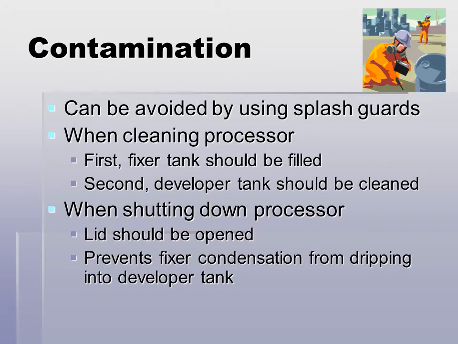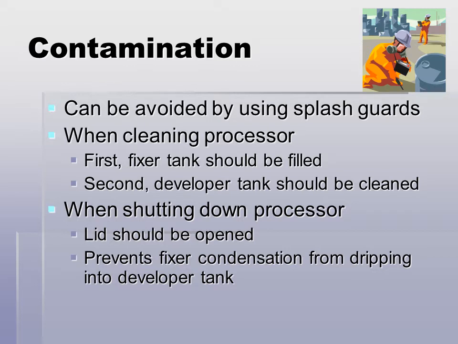Contamination. Splashing is one of the most common reasons for contamination. This can be avoided by using splash guards. When cleaning the processor, first the fixer tank should be filled, then second the developer tank should be cleaned. When shutting down the processor, the lid should be opened. It prevents fixer condensation from dripping into the developer tank.